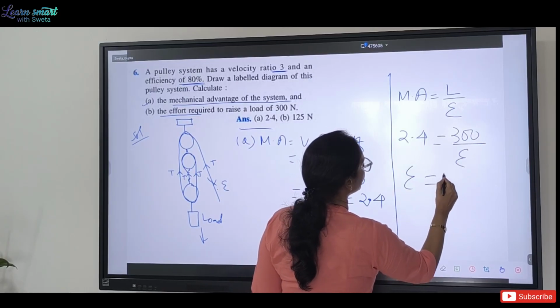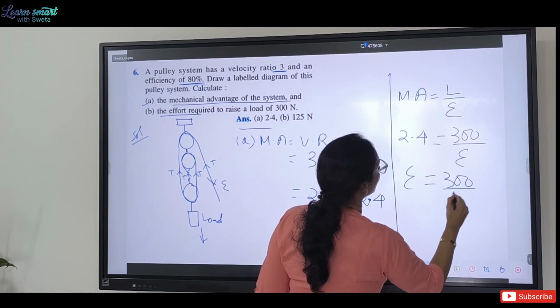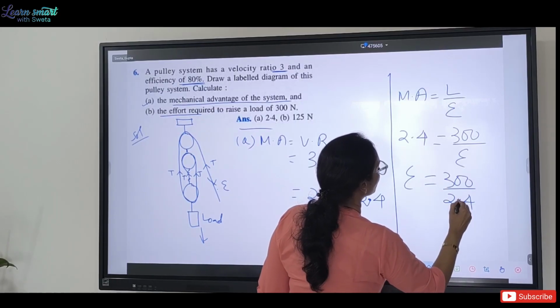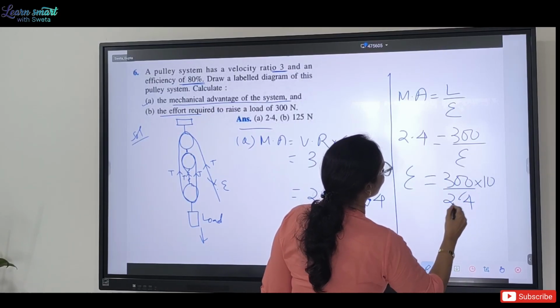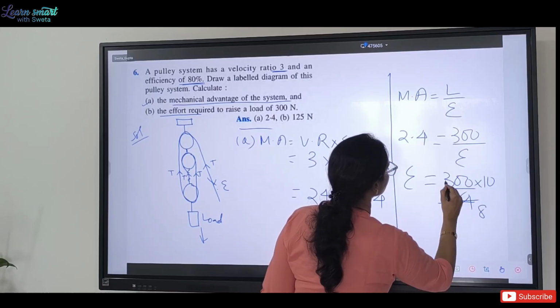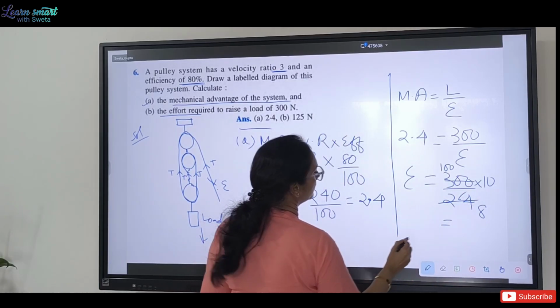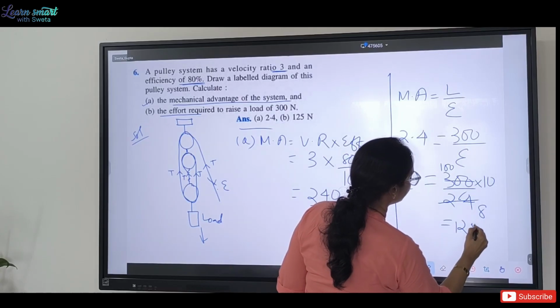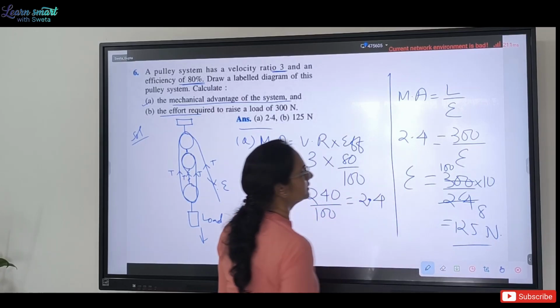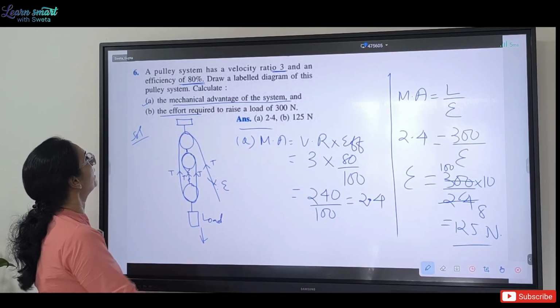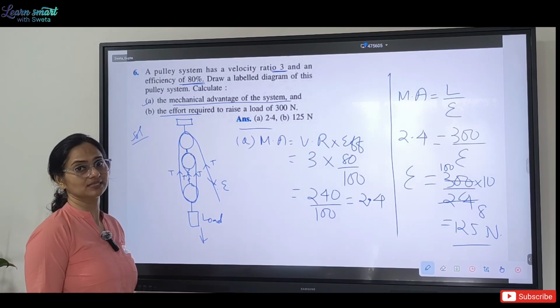Effort is equal to 300 upon 2.4. Solve and get the answer. So we will get 125 Newton. This will be the effort required, and this is how it can be calculated.